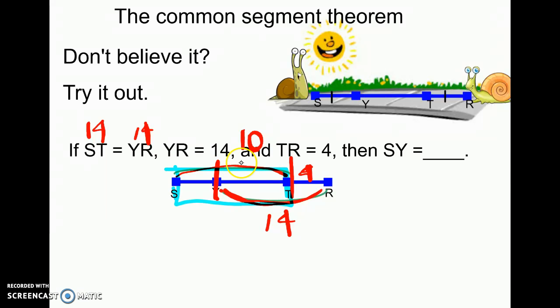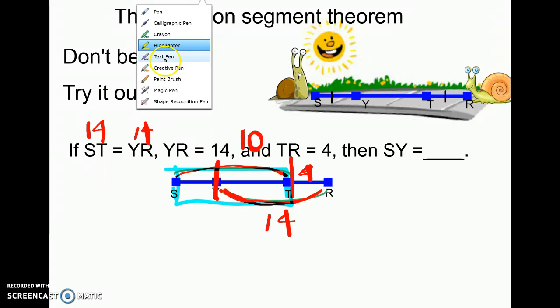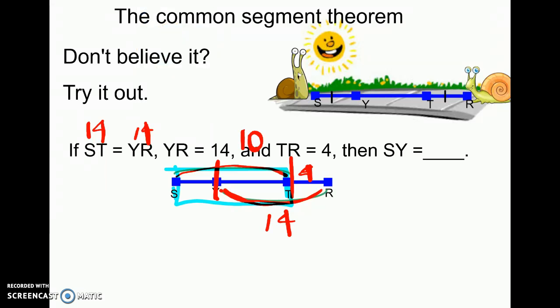So if this part is 10, then all that's left is this part, which has to be 4 also. So SY is 4, and they're equal.